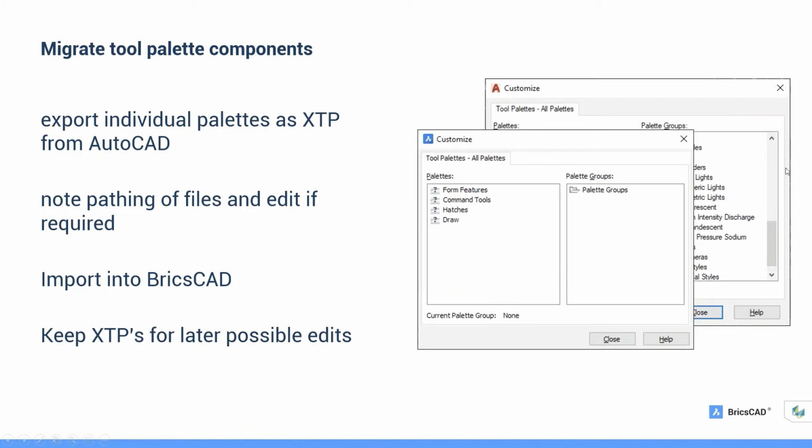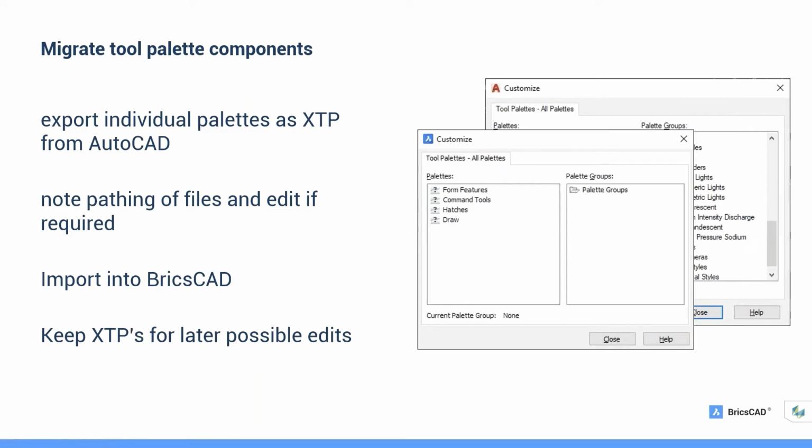So my workflow here is I will export the palette from AutoCAD as an XTP file. I will keep those XTPs so that I can edit them or post-process them later if required. And then I will import those into BricsCAD. So what I'm going to do now is just walk you through that process.